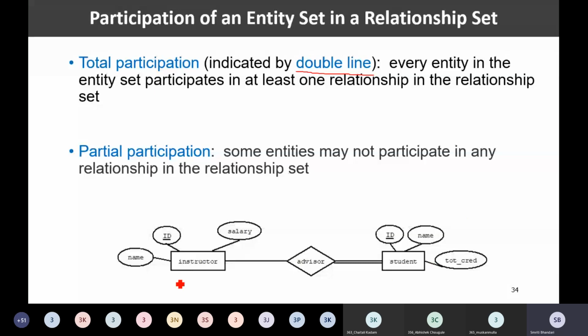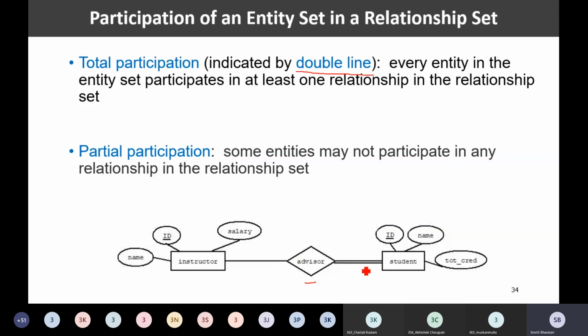Just see this example. Once again, instructor and student. These are two entity sets participating in the relationship set advisor. But towards student, it is total participation. See here how we have denoted this total participation with a double line.